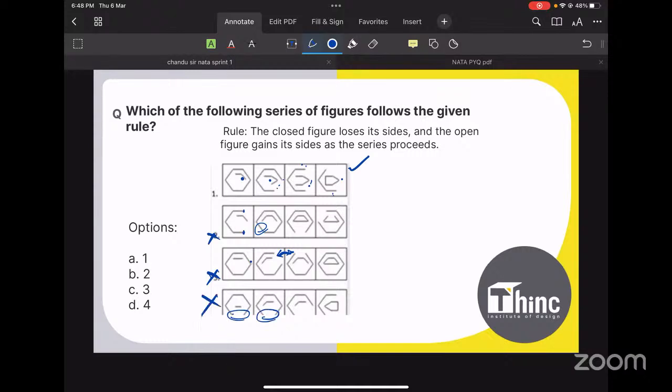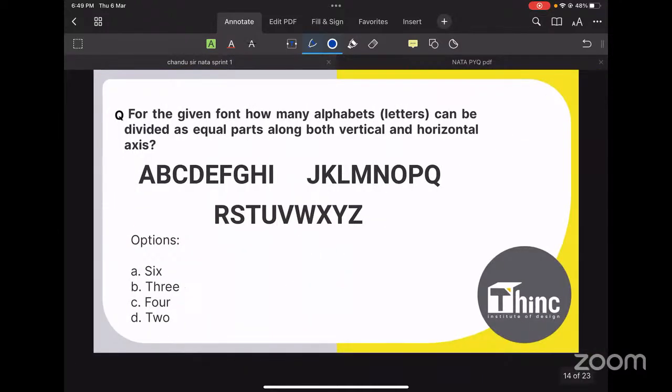So it is also not losing its sides. The closed figure loses its sides and the open figure gains its sides, but from here to here, there is no loss. Option A was right. Very good. Parth, Harshit, both were right. Very good, great.